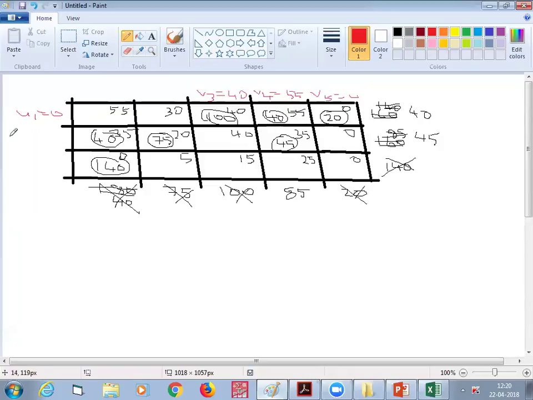Now if you come here, U2 is 35 minus 55, which is minus 20. And now we can calculate these. So V1 equals 35 minus 30, which is 55 minus... V1 is 55, and V2 equals 20 minus 20 is 40.